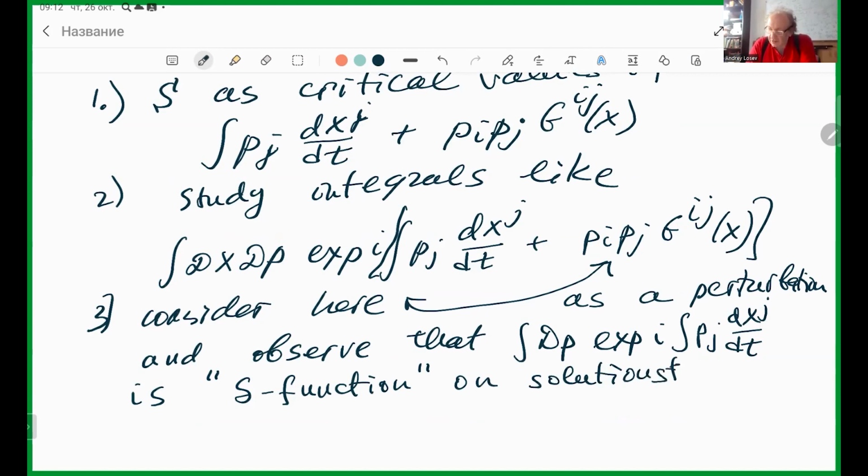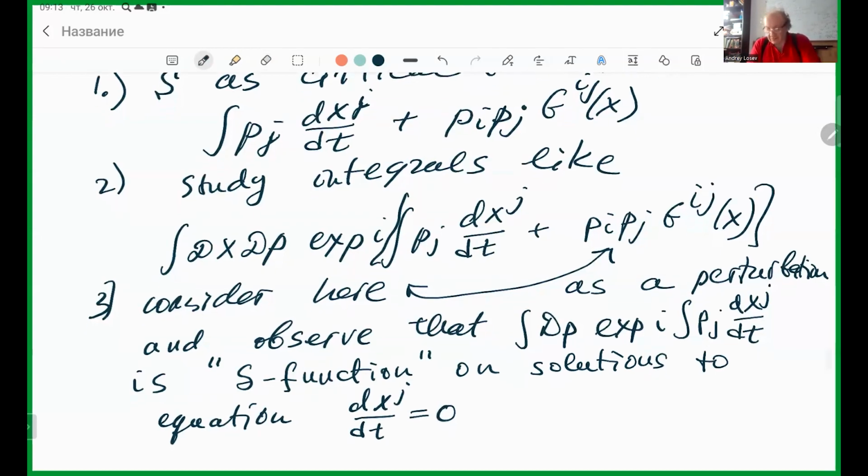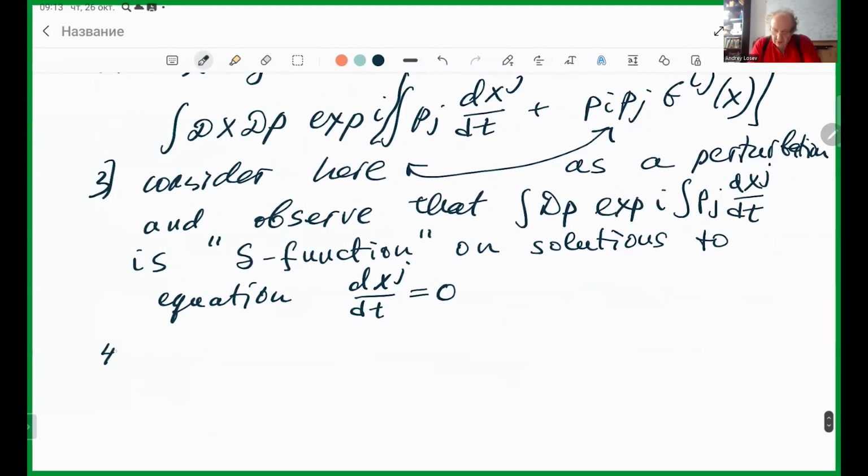And solutions to the equation, or generalize.